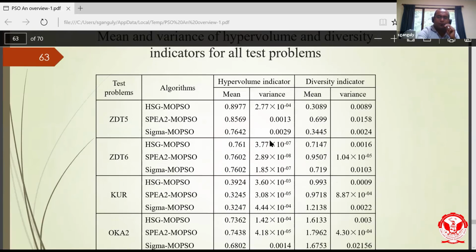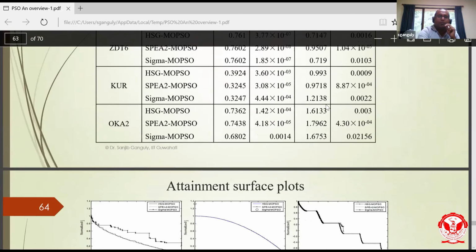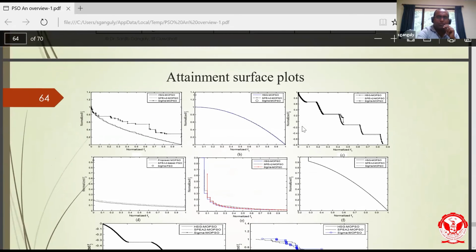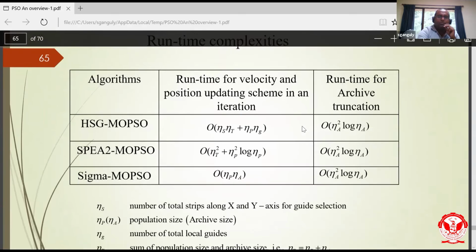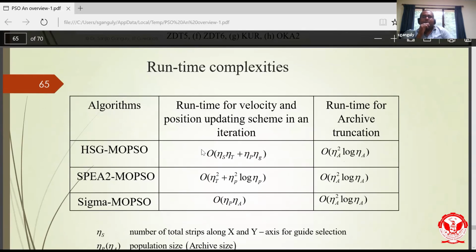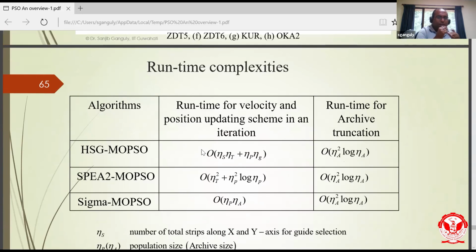Okay, this is another kind of illustrative comparison, the attainment surface. I'm not going into detail. And then finally you have to show the comparison of runtime, based on runtime complexity, which is represented by the Big-O concept. That means how much time it takes to converge, to have a complete run of this algorithm.